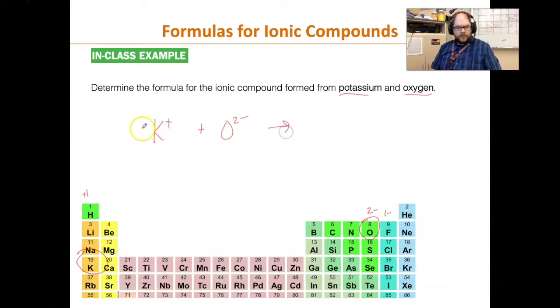So we need 2 of these potassiums to balance out the 2- charge here. So I'm going to write the final formula as K2. Remember it's a subscript to represent that I have 2 potassiums.